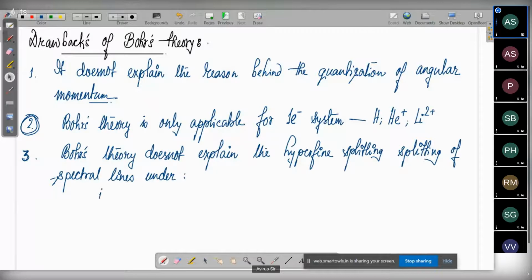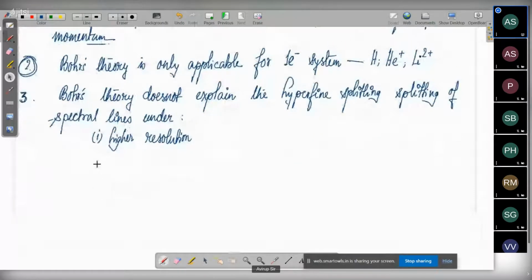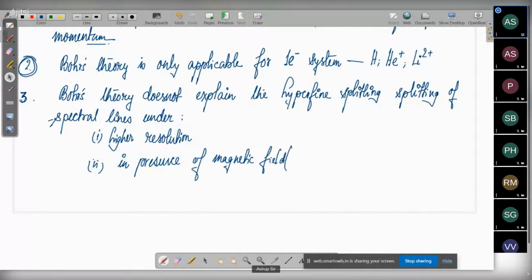One is higher resolution. Number two is in presence of magnetic field, that is the Zeeman effect.